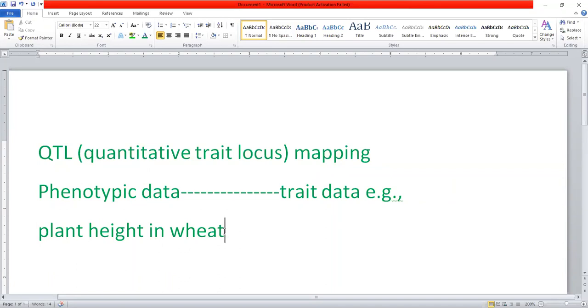So for the QTL mapping procedure, first of all, we have to develop a mapping population. The mapping populations which are in general use are the F2 population.